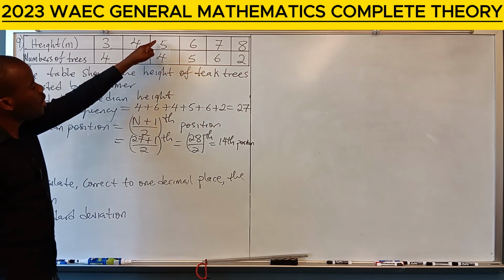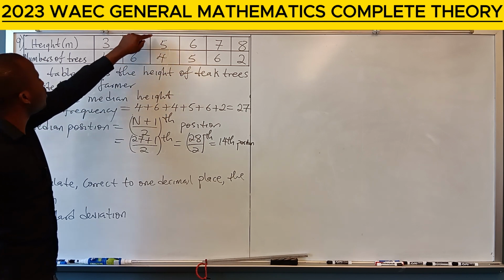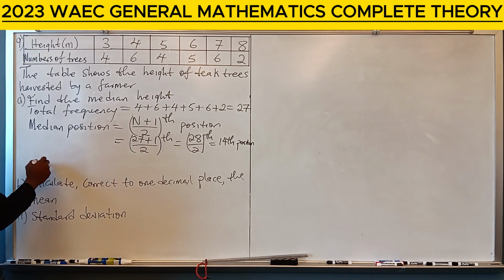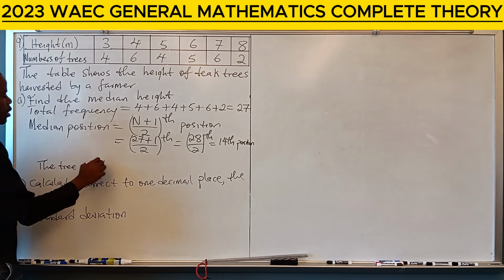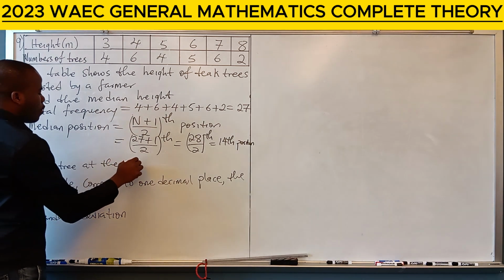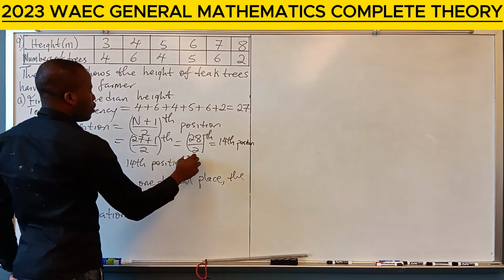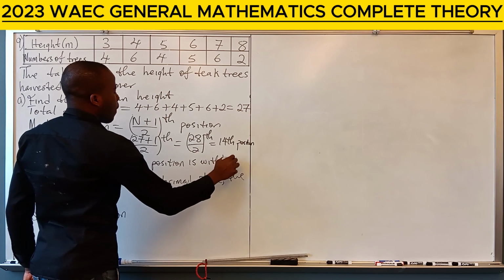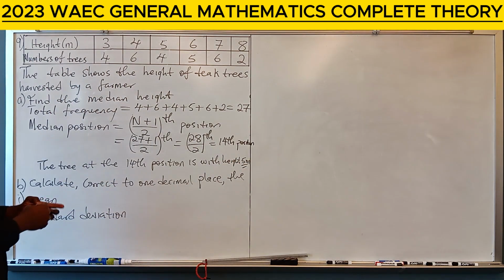So the tree at the 14th position is the tree with height 5 meters. So 5 is the median.